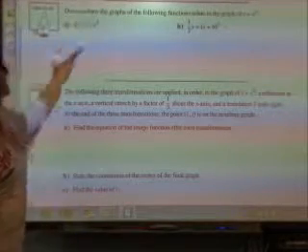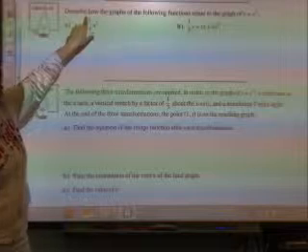So if we look at class example number 2, again, we're asked to describe what has happened to this graph of y equals x squared to get to the new equations. So what have I done to y equals x squared to get to the equation of y equals negative 1/4? So what does the 1/4 tell me to do?